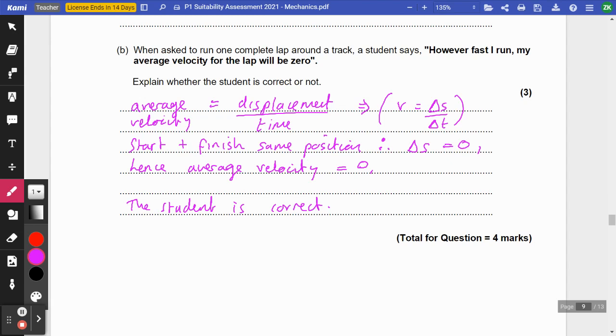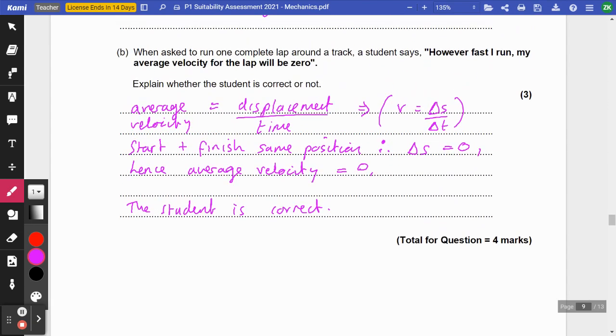So the displacement is 0. If you put 0 at the top here, the velocity will end up being 0 as well. So the average velocity is equal to 0, and therefore the student is correct.